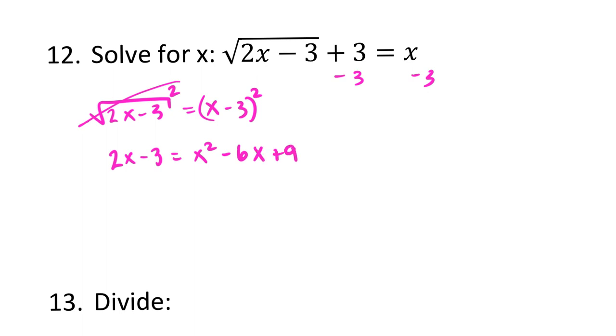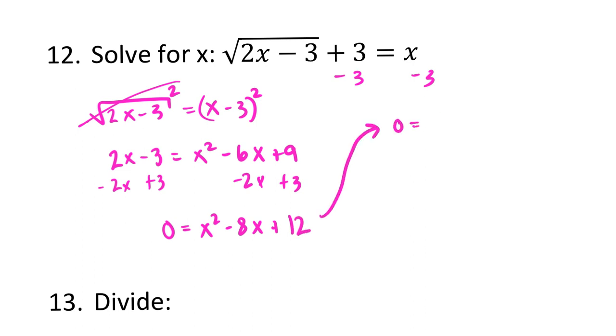On test 3, the mistake was made a lot where we didn't FOIL that (x minus 3). You just put x squared plus 9. So you've got to be careful. Make sure you FOIL that entire right side. Then I'm going to bring everything over to the right side. And so we have 0 equals x squared minus 8x plus 12.